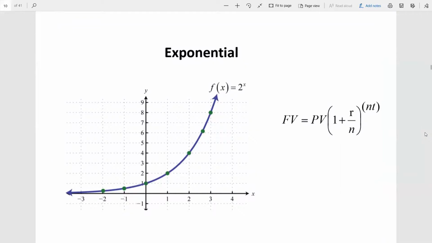Now, another very, very important function, which you've already been into in a previous section, is an exponential function in which the variable is in the exponent.